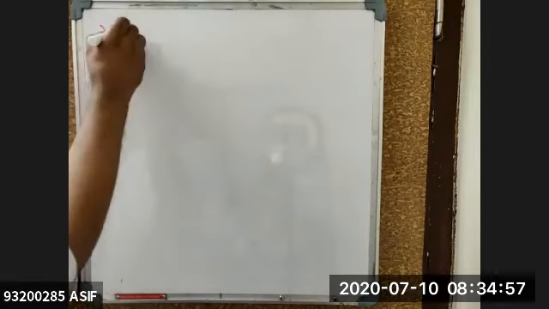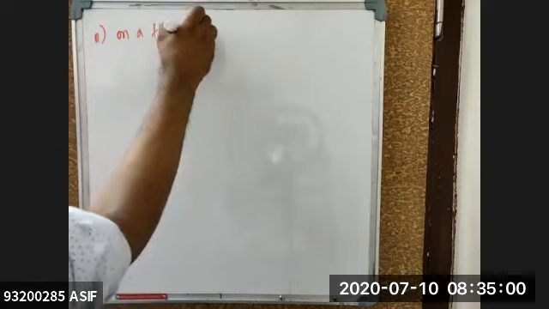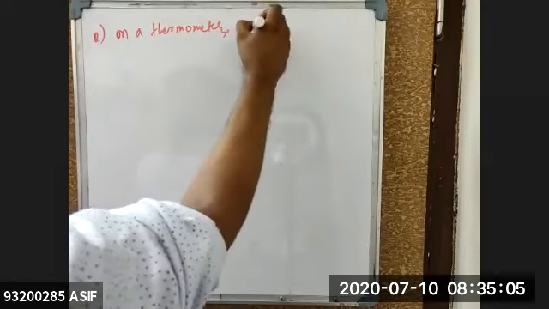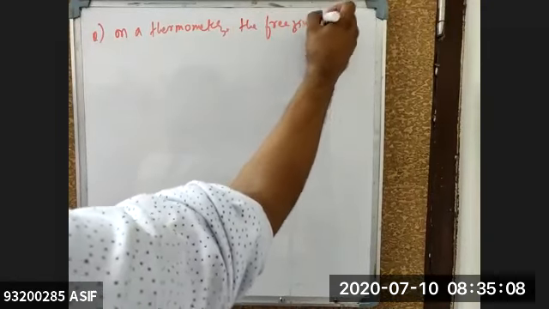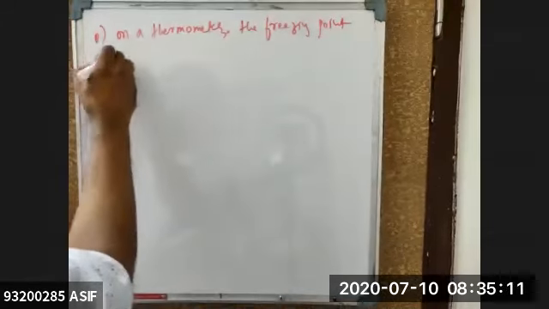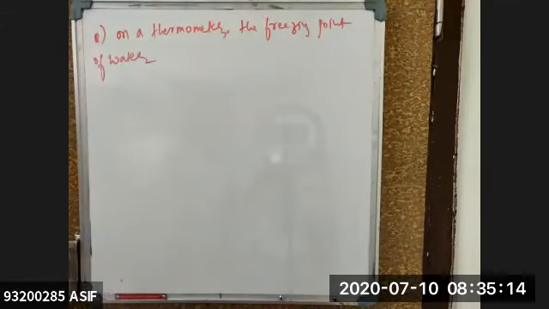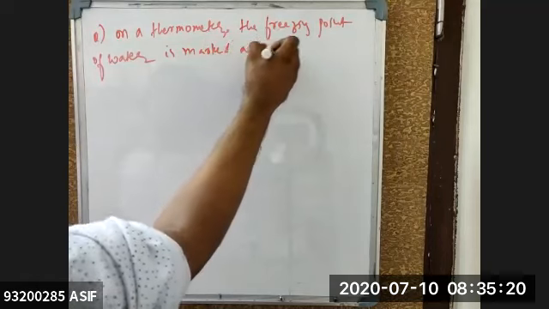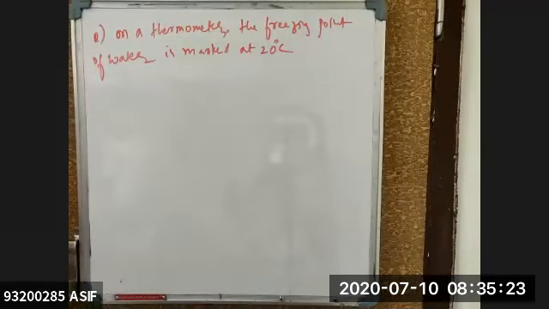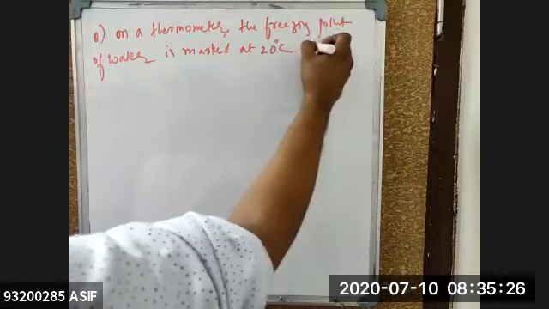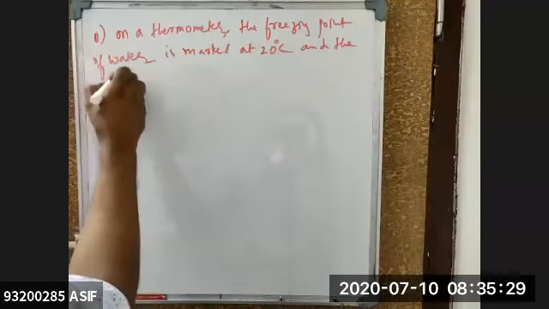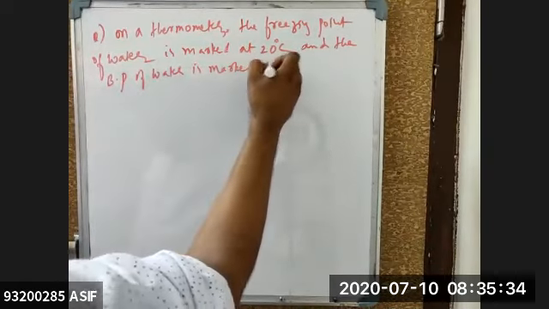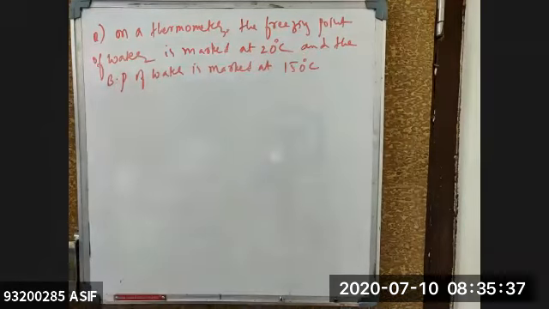On a thermometer, the freezing point of water is marked at 20 degrees centigrade and the boiling point of water is marked at 150 degrees centigrade.